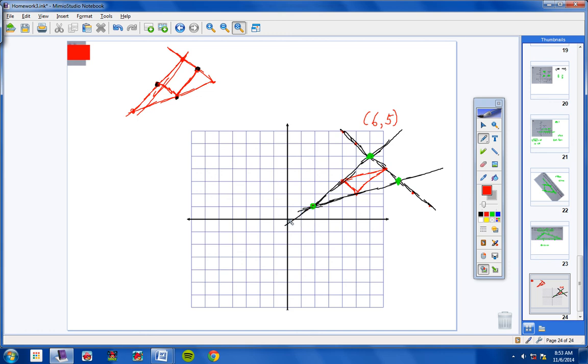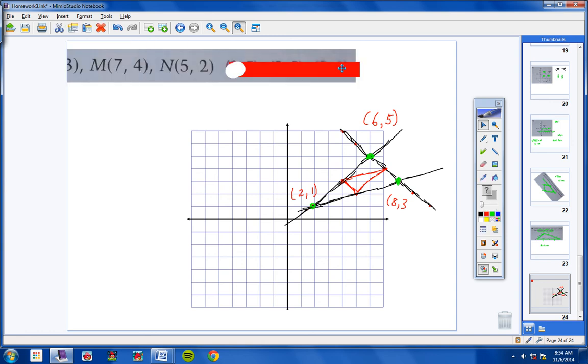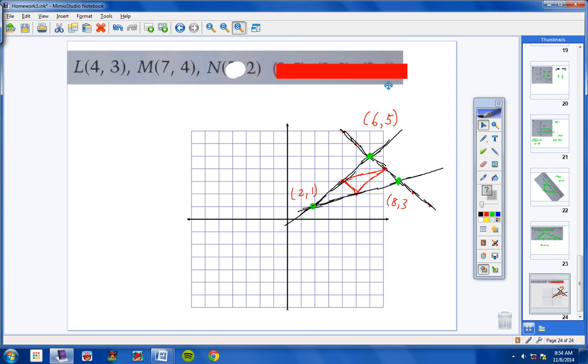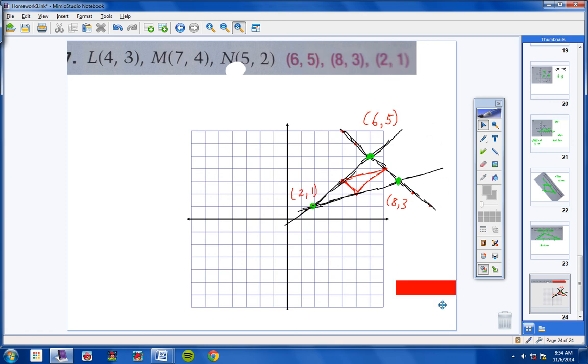So this ordered pair here would be 2, comma 1. This ordered pair here would be over 8, and then up 3. So 8, comma 3. Now I'm kind of scared to look at the answers. I hope that we're right here. We've probably made a mistake somewhere, but we will see. And let's see, 6, 5, 8, 3, 2, 1. Good, we got it right. So there's the 3 vertices of the triangle.